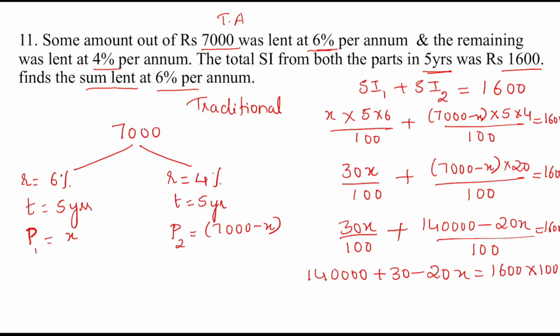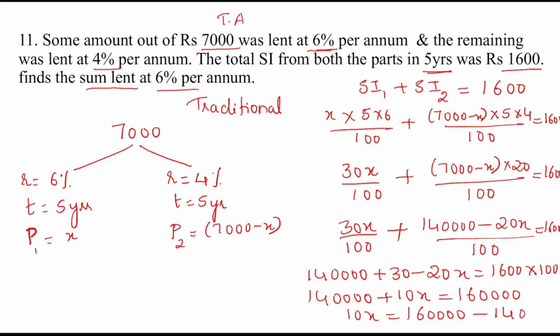So it is 14 and 4 zeros plus 10x is equal to 16 and 4 zeros here. So 10x is equal to 16 and 4 zeros minus 14 and 4 zeros, which is nothing but 16 minus 14, which is 2.